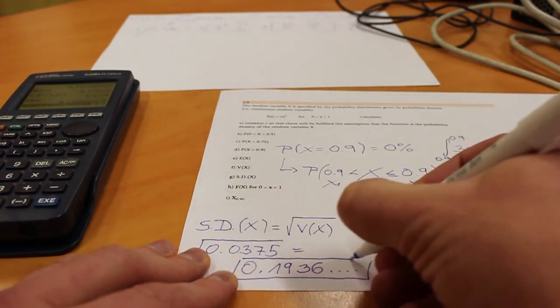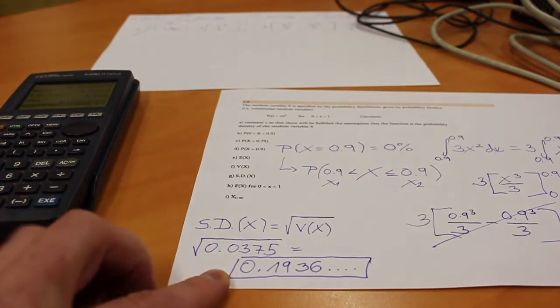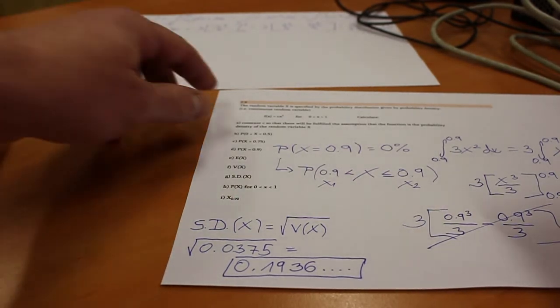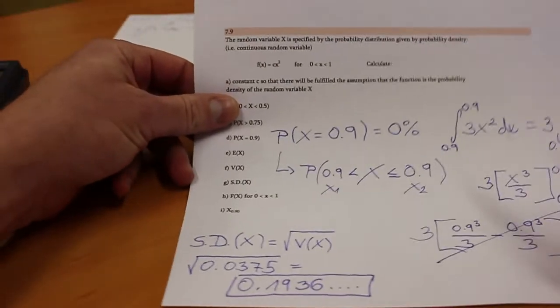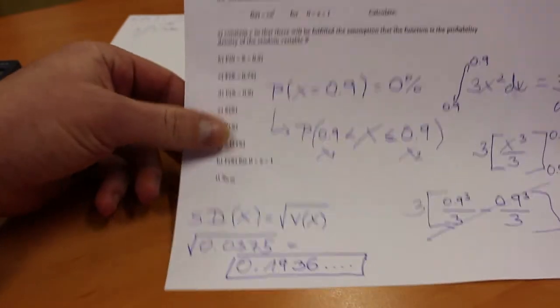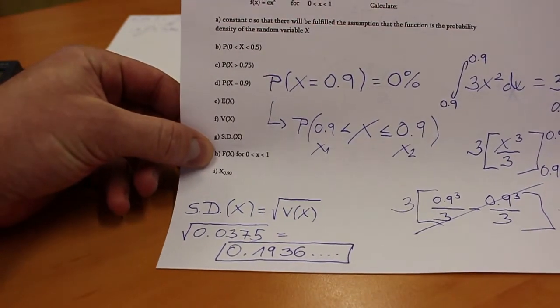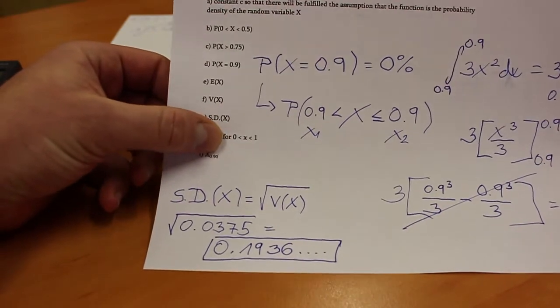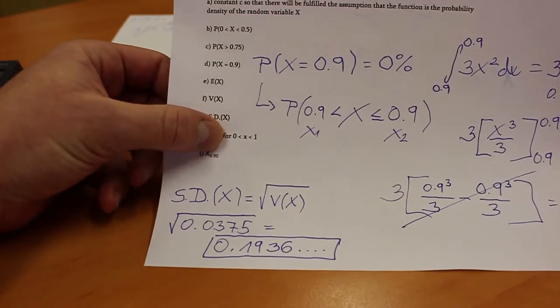So this is the standard deviation of the random variable x. We will continue with the distribution function F(x) for the random variable from the range 0 to 1.